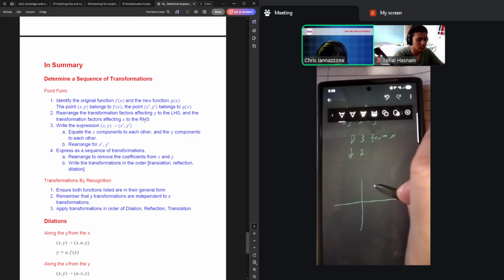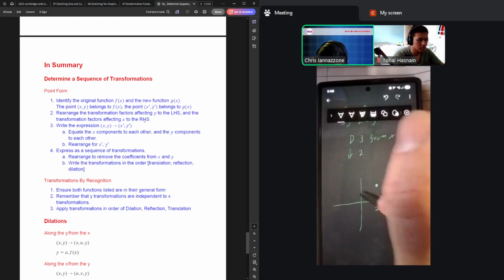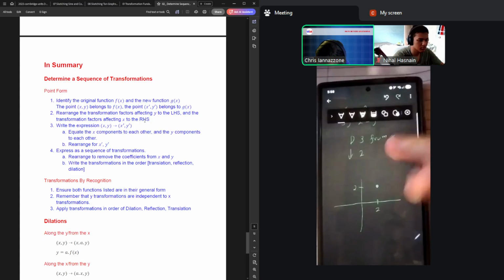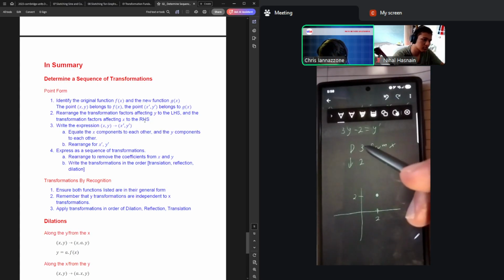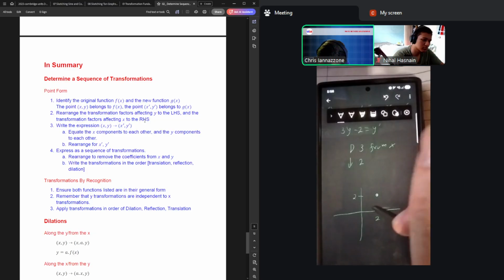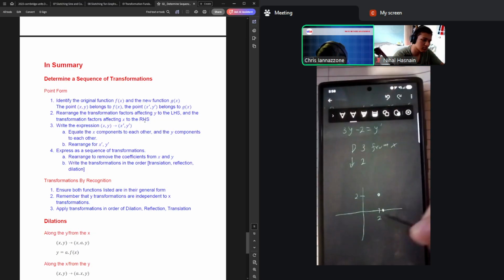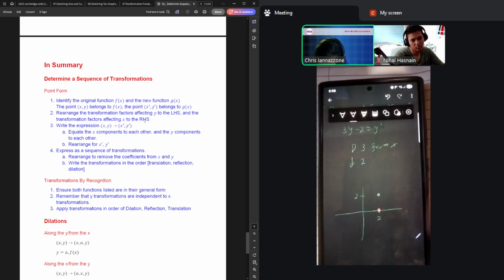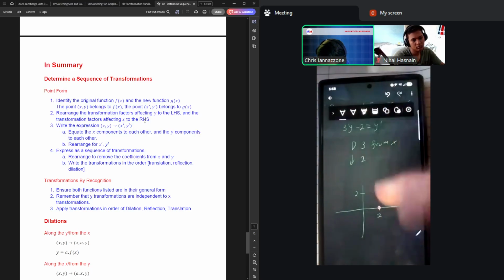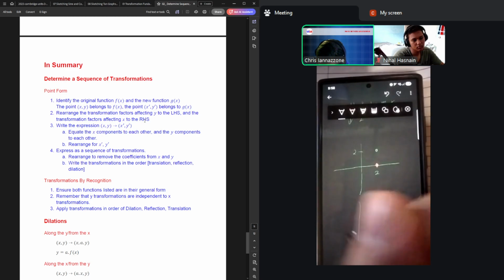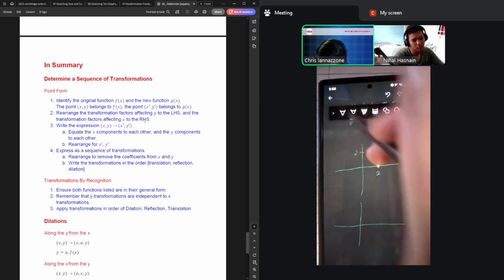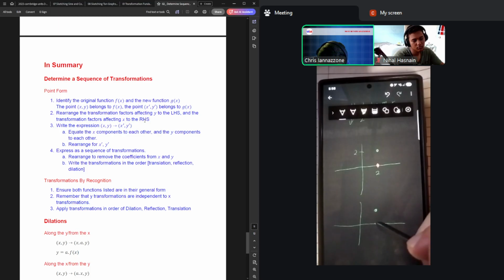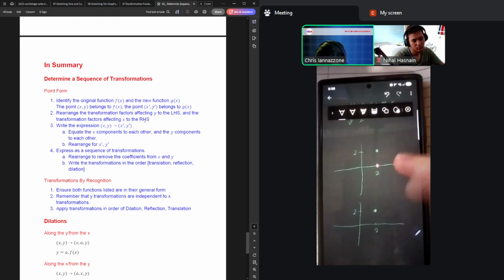I have a point out here. It's going to be 2, 2. If I apply a shift down first of 2, that'll put my point here. And if I then multiply that by 3 in the y direction, it'll stay exactly where it is. Versus, if I do the opposite, I start my point up here at 2, 2.